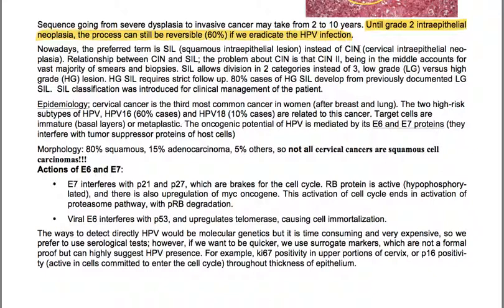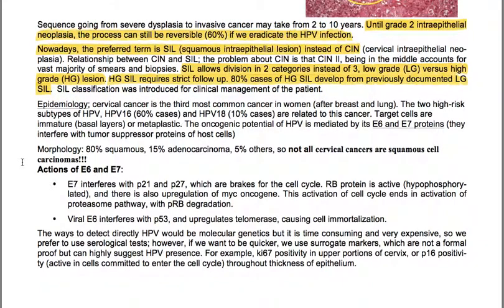SIL allows division into two categories instead of three: low grade versus high grade lesion. High grade SIL requires strict follow-up. 80% of cases of high grade SIL develop from previous documented low grade SIL. SIL classification was introduced for clinical management of the patient.